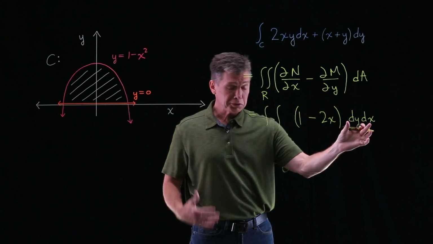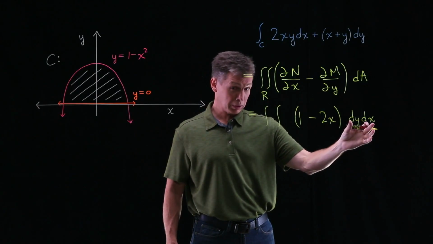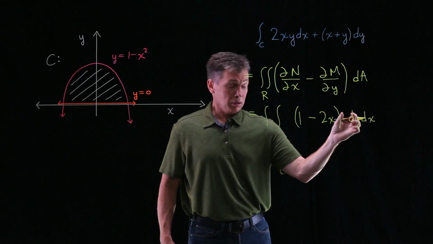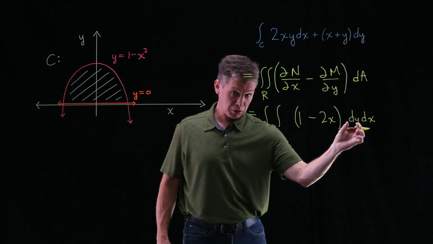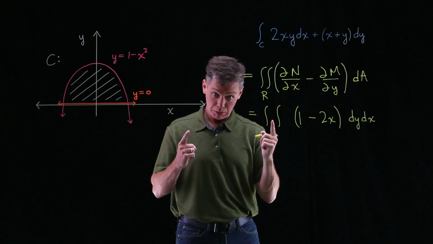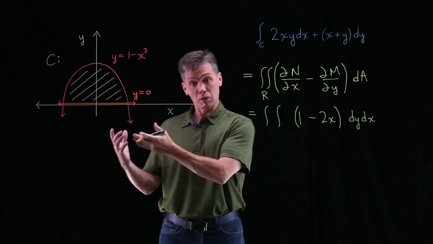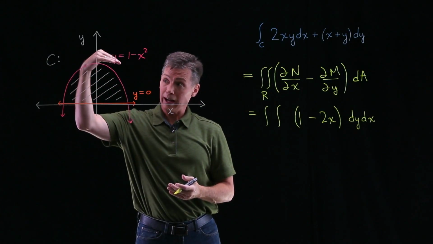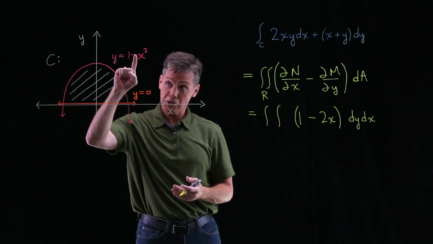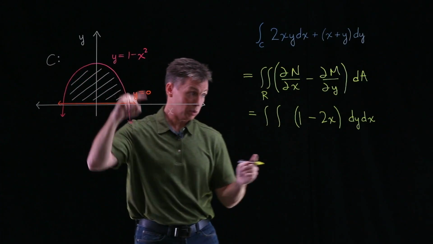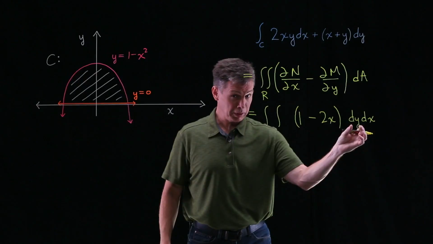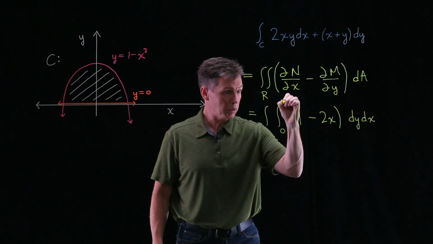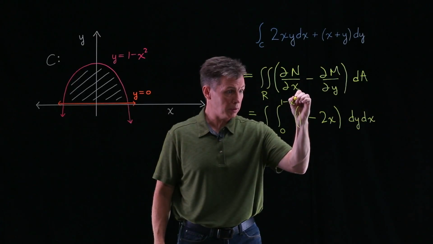Which one comes first, you have some flexibility, but what I'm looking ahead at now is your limits of integration. If I do the y first in my integration, I look to my graph, and in terms of the y's, they go as low as 0 and as high as this curve, which is a function of x, which is why I want my y variable to be integrated first, so that I can go from 0 to 1 minus x squared.